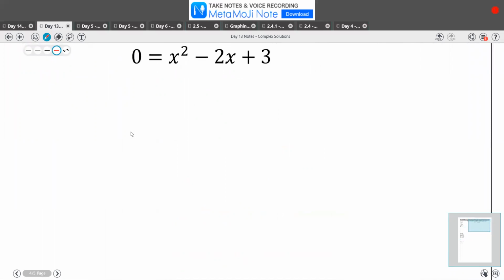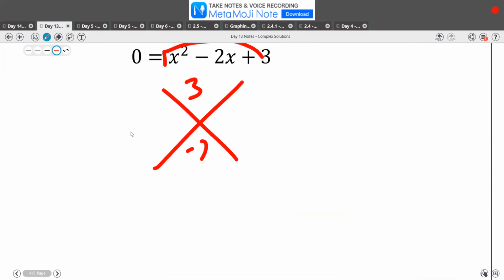Remember that to solve a quadratic equation, you can either factor it, complete the square, or use the quadratic formula. Let's go ahead and try factoring. I'm looking for two numbers that multiply to 3 and add up to -2. That would be 3 and 1, but one of them has to be negative. -3 times 1 would give you -3, which is not what you want.